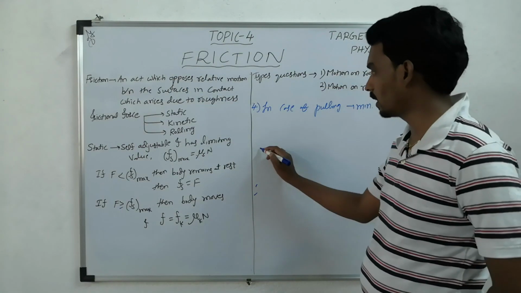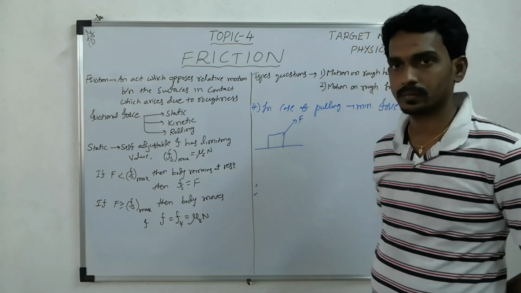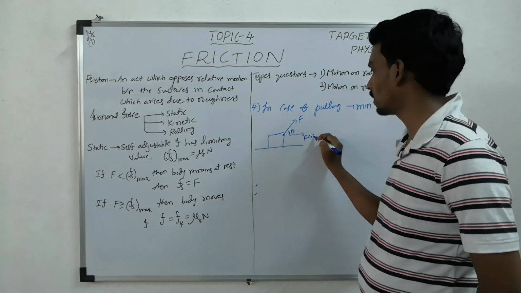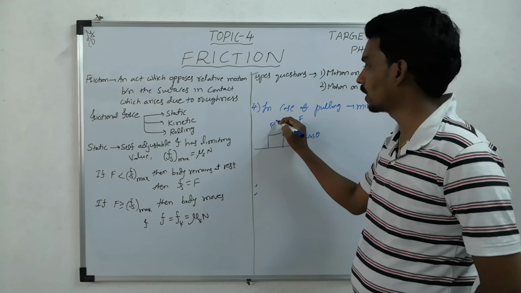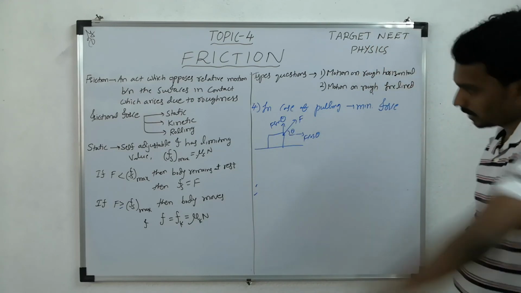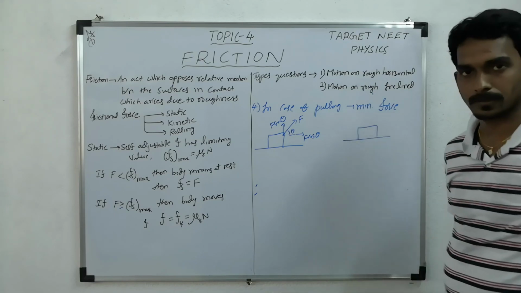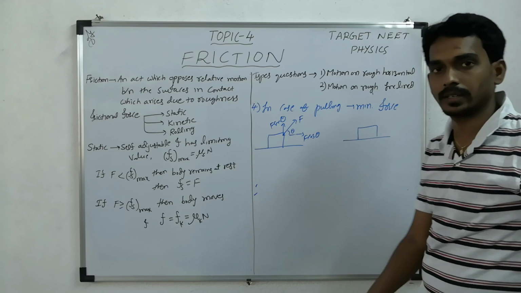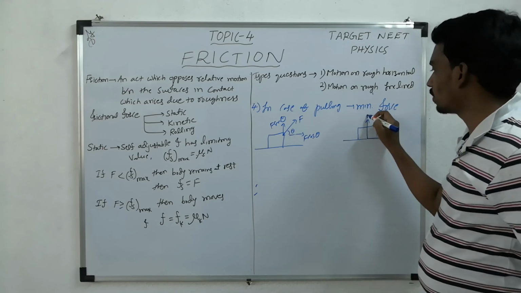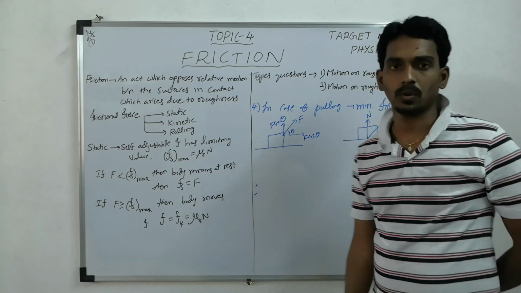Now let us take, when you apply some force F at an angle theta, this is F cos theta and this is F sin theta. One more thing we need to understand: if you consider a rough surface and you keep a block on it, and when you try to move, there is a friction, there is a normal reaction, and the resultant force is called contact force.